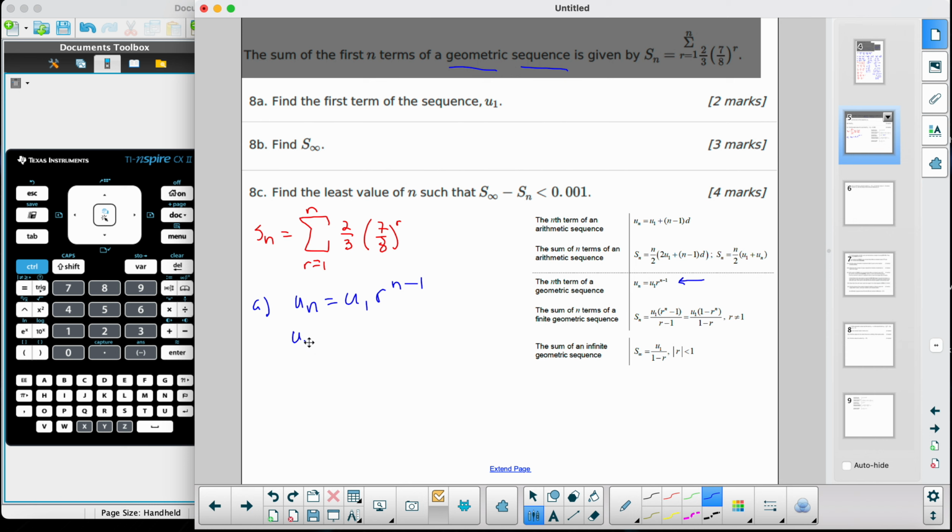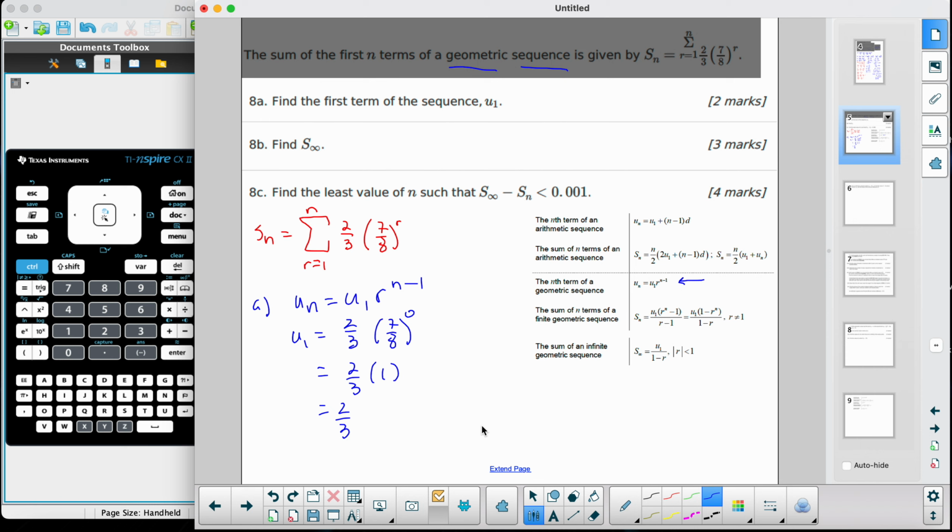So u sub 1 is equal to 2/3 times 7/8 to the 1 minus 1, or 0. And remember, anything to the 0 power is 1. So that's 2/3 times 1, which is 2/3.